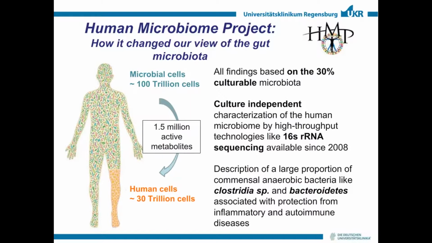This was part of the Human Microbiome Project. In summary, these projects described a large proportion of commensal, mainly anaerobic bacteria like Clostridia species and Bacteroidetes, and they showed that these were associated with protection from inflammatory and autoimmune disease.